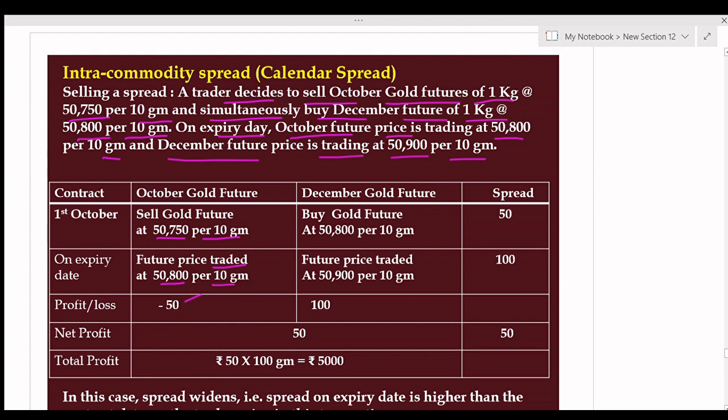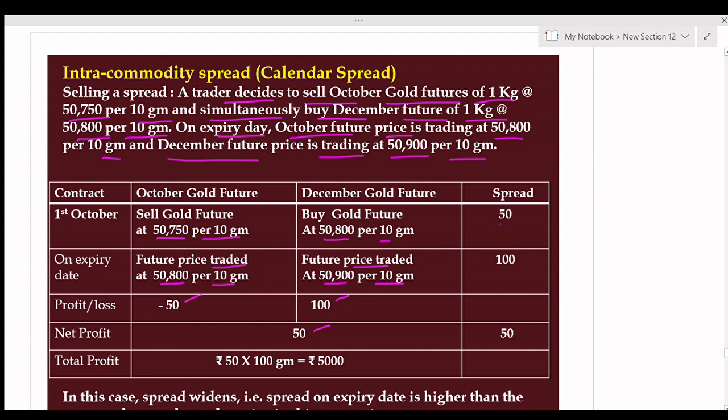Buy gold future at rupees 50,800 per 10 gram and future price traded on expiry date at rupees 50,900 per 10 gram, so he will gain rupees 100 per 10 gram. So net profit will be 50.